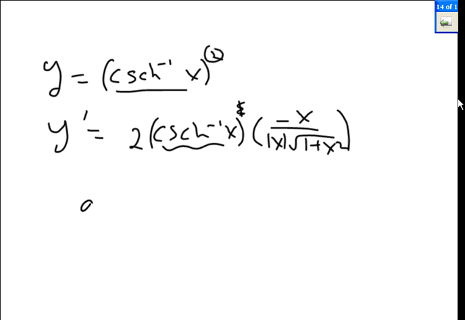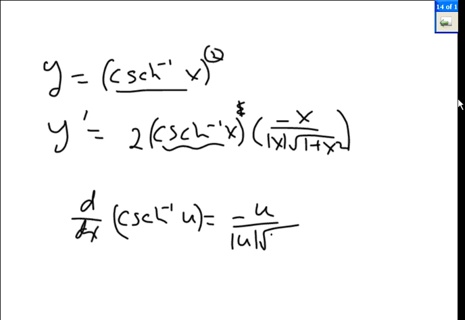Why? Because the derivative of cosecant hyperbolic inverse of u was negative u prime over the absolute value of u times the square root of 1 plus u squared. You need to know this.